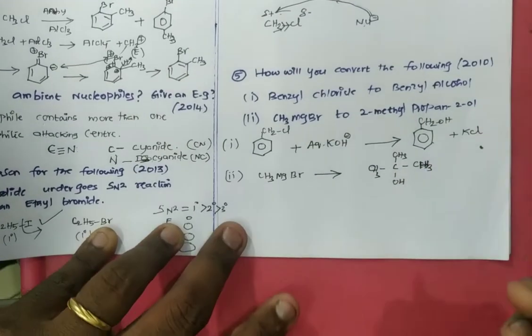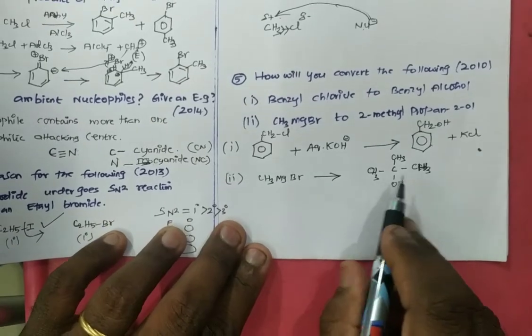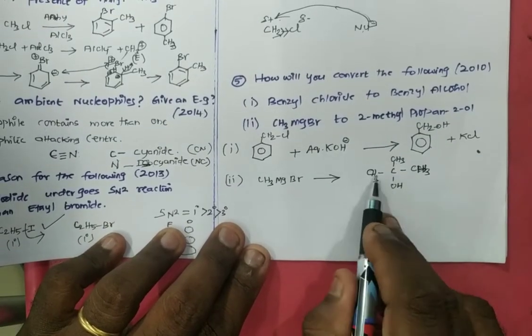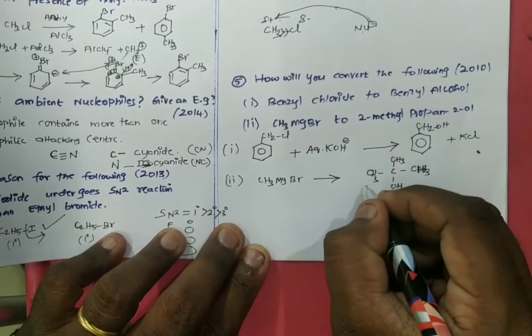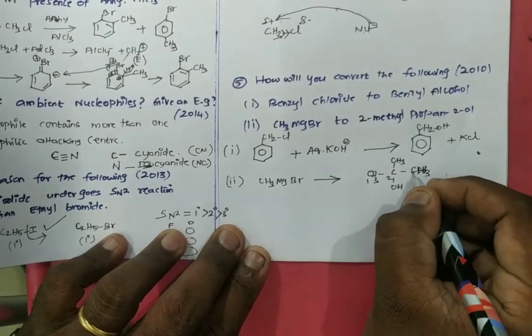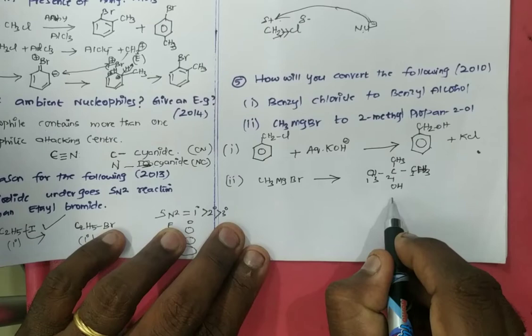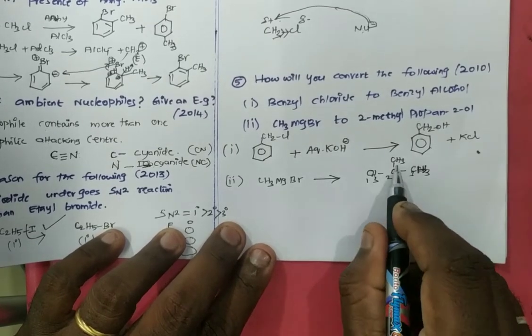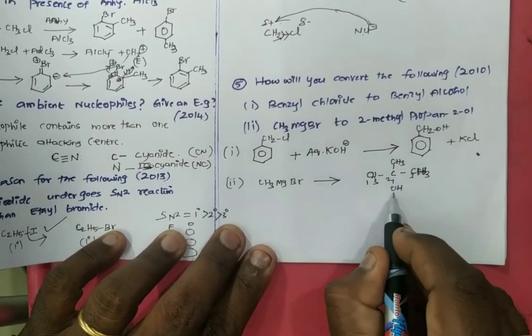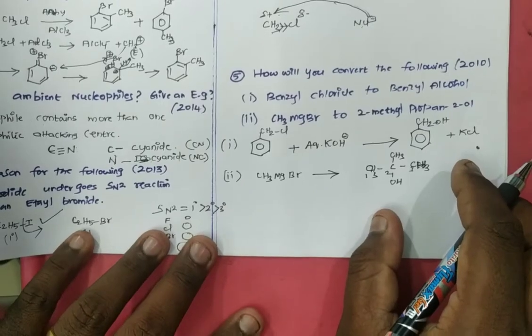Are you able to understand? This is 2-methyl propan-2-ol. If you consider this as 1, this as 2, this as 3 carbon, the second position has a methyl group and an alcohol group. So I will get this structure.